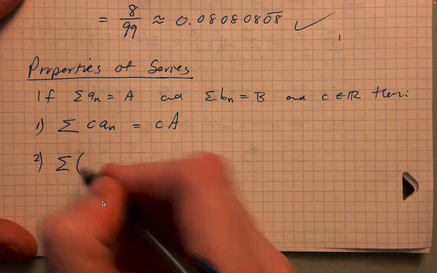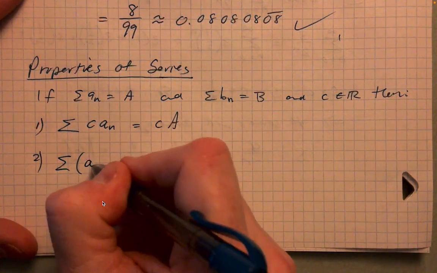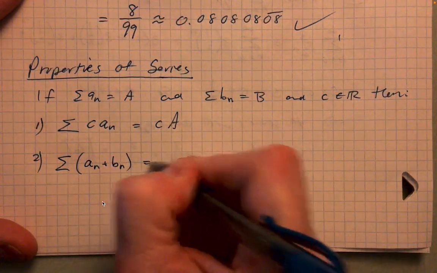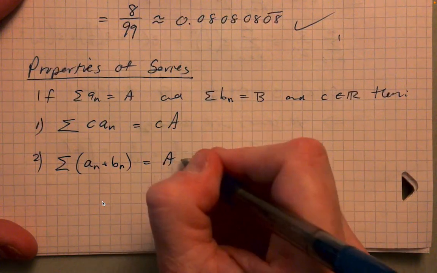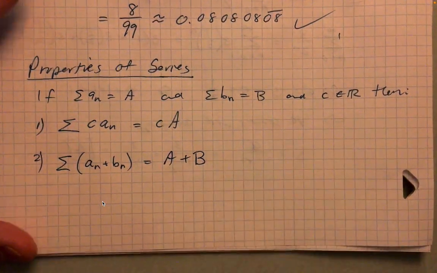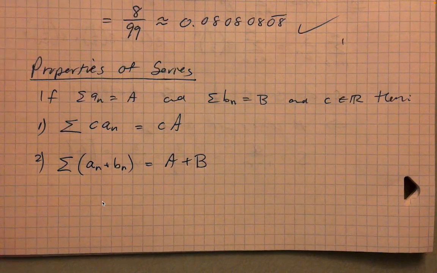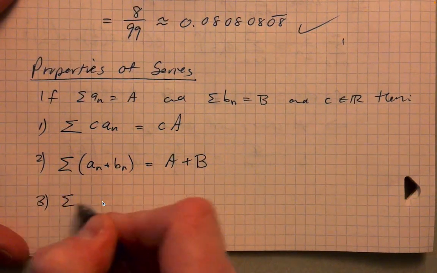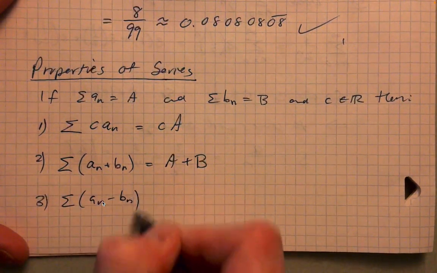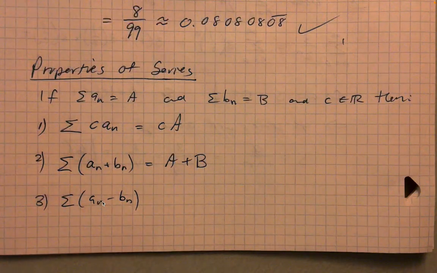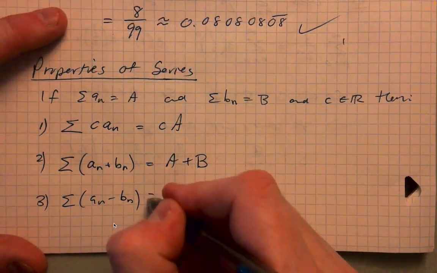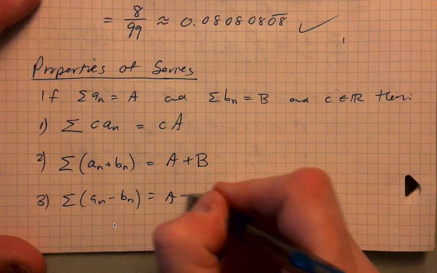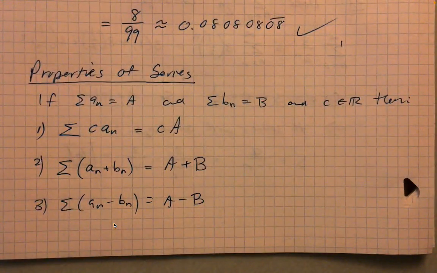If you've got the series and you're summing the terms a of n plus b of n, well then logic would say, and intuition would also agree, that that's equal to A plus B. And the same thing is true for the differences. If you've got a of n minus b of n, and those are the terms, then that's equal to A minus B. All right.